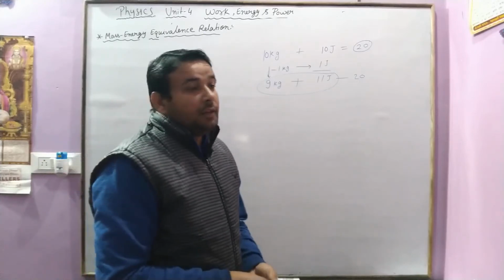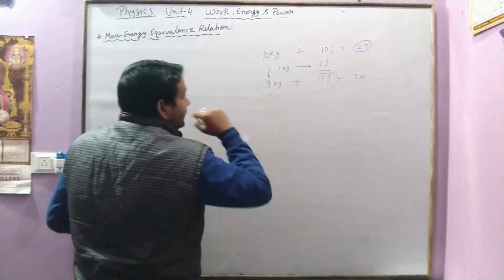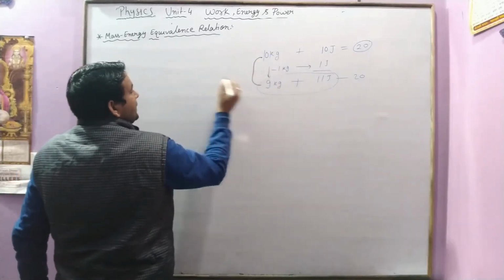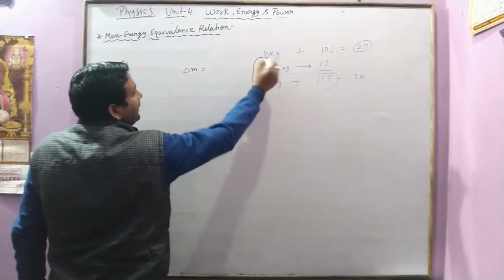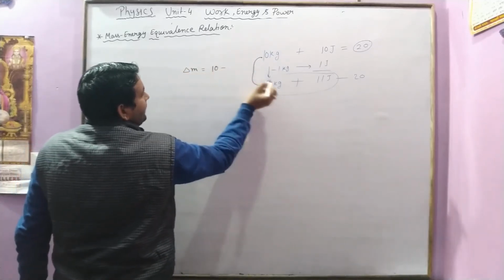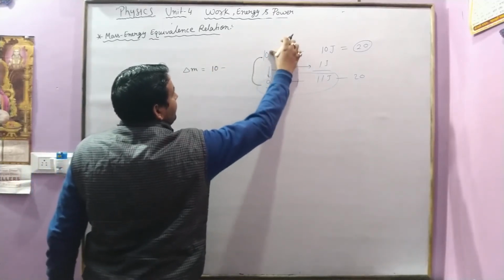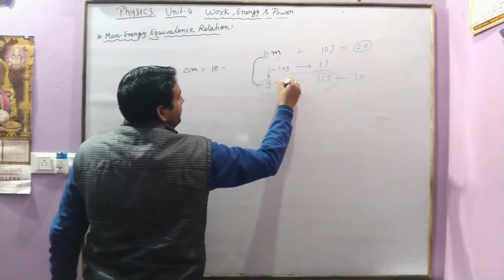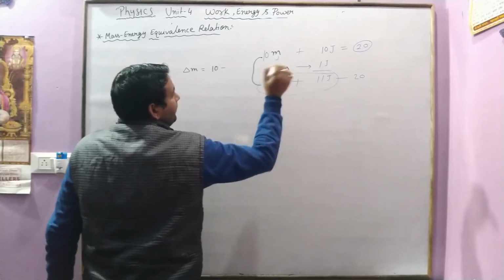Hence he explained that the change in mass, okay, here in the two processes we have the change in mass, let's say del m is equal to 10 m minus 9 m, which is m.